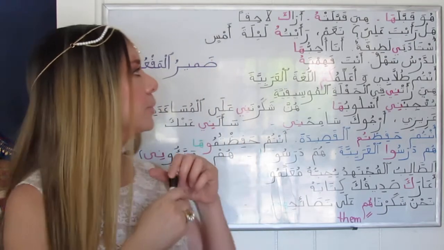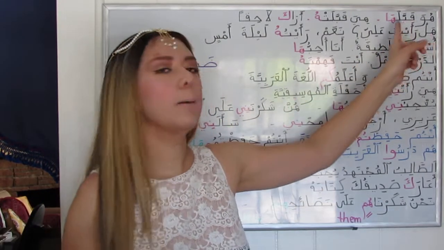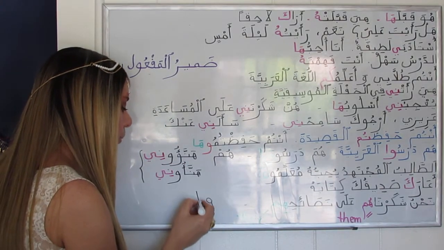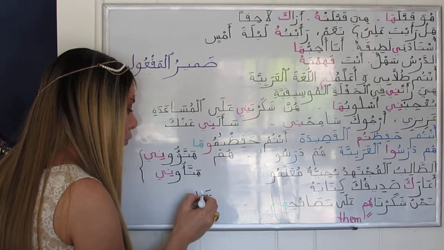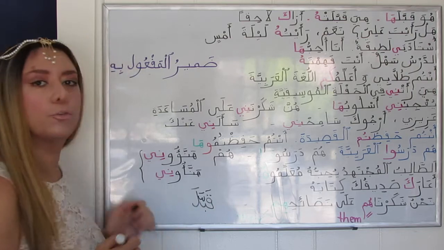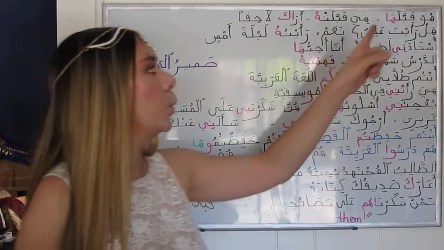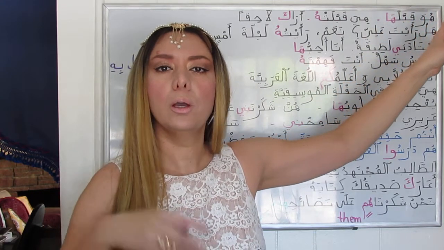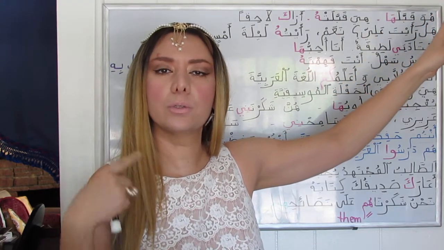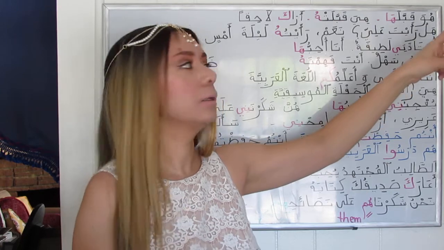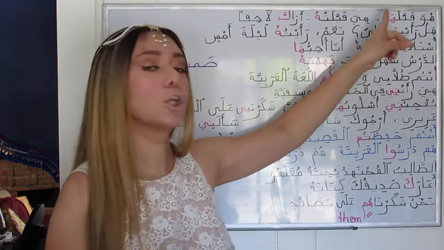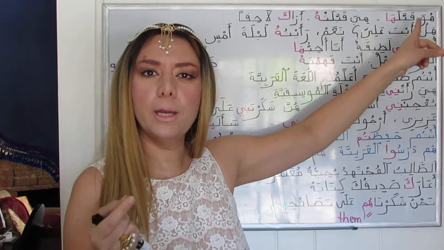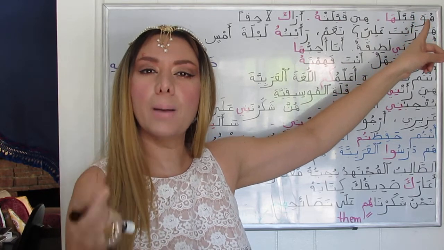For instance, هو قبلها. قبل, to kiss, form 2 verb. So, he kissed her. It is conjugated in the past tense, third person, singular, he. So, he kissed her. Ha is the object pronoun of the verb قبل.